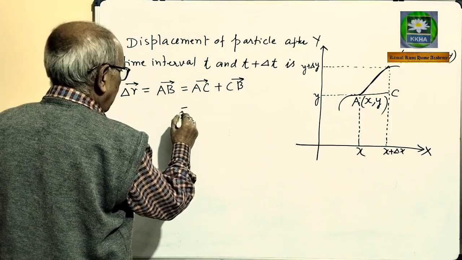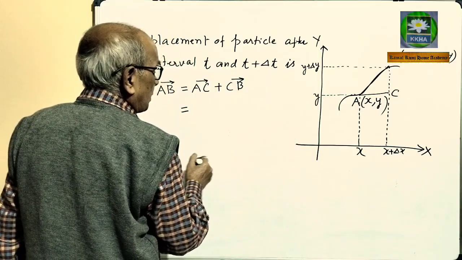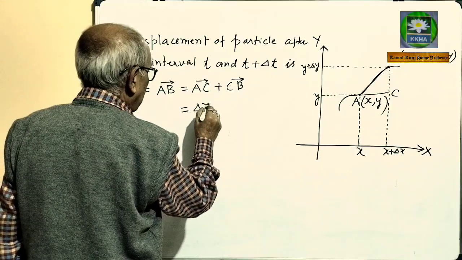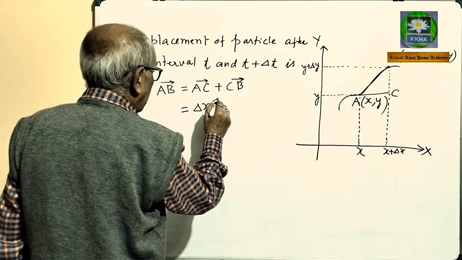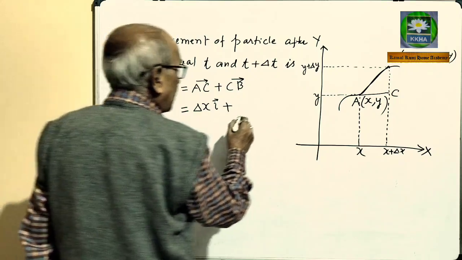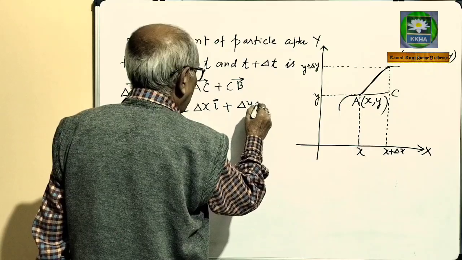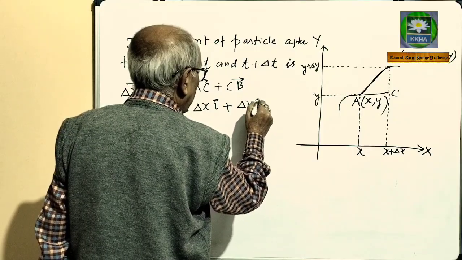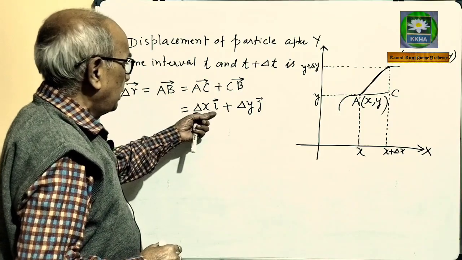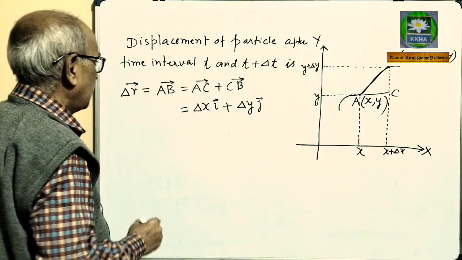This is equal to AC is delta x unit vector i, plus CB is delta y unit vector j, where i is the unit vector along x-axis, j is the unit vector along y-axis.